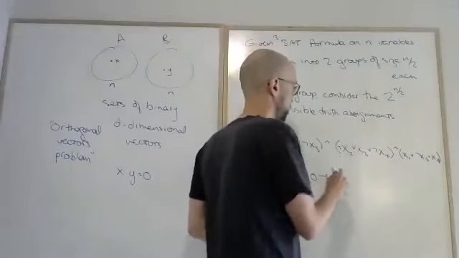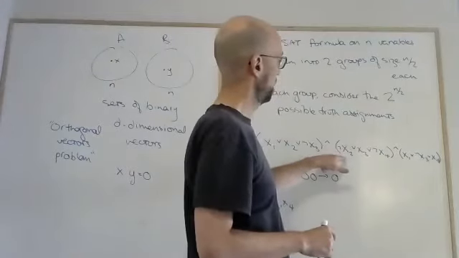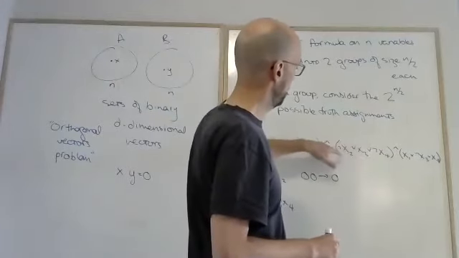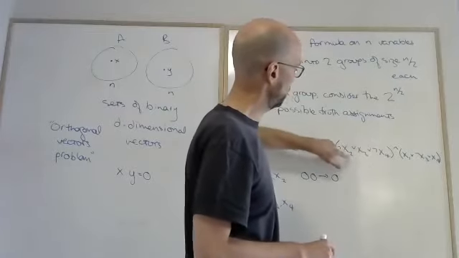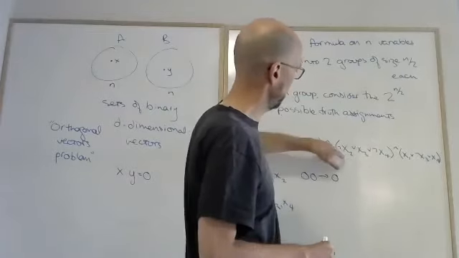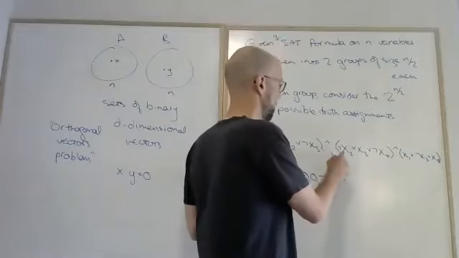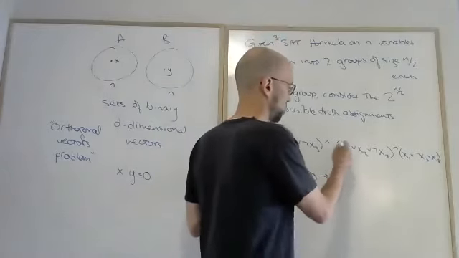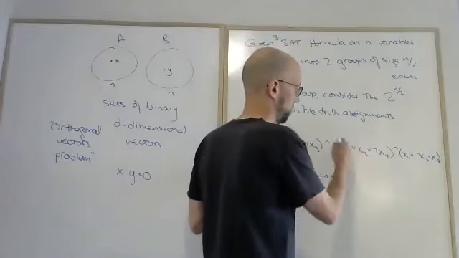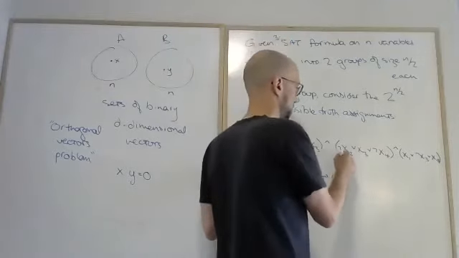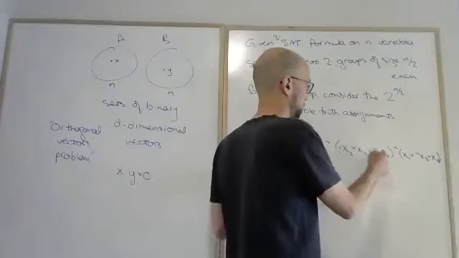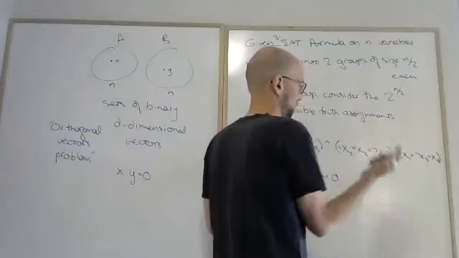But it does satisfy the second clause, because if x2 is false, not x2 is true, and this is a disjunction, so this clause is satisfied. It's not x2 or x3 or not x4, and that's true because of not x2.